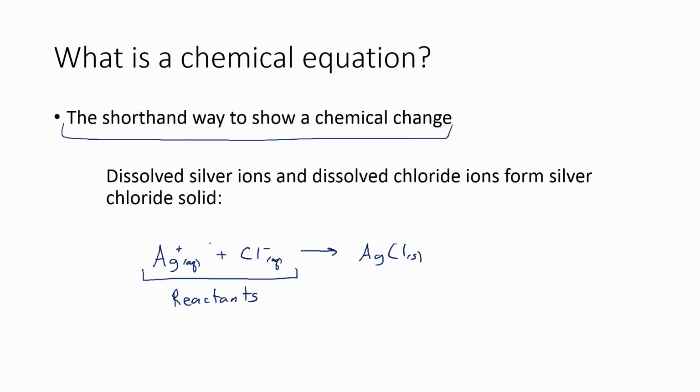We draw in a plus just to show we're going to write in a new compound. So silver plus ion plus chloride ion means this is also present and hopefully reacting with the other components. But everything on the left side of the arrow is called reactants.